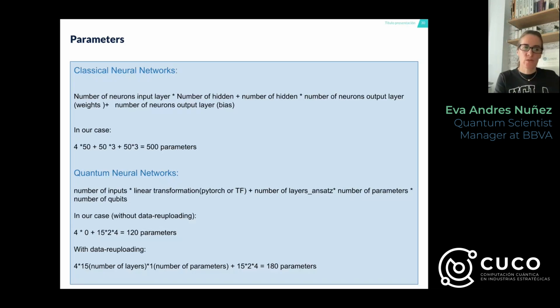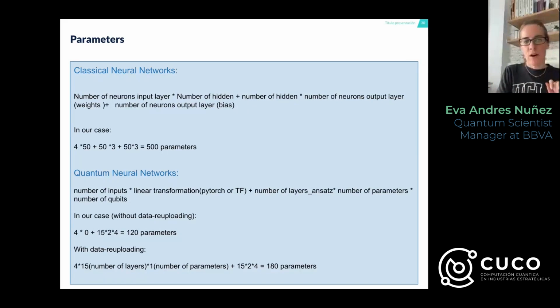In the case of the quantum neural network, this is the formula. Without using data reloading, we have no parameters in the encoding layers, because we only apply a rotation of the classical data multiplied by num-pp or num-pp divided by 2, so we don't need any parameters.